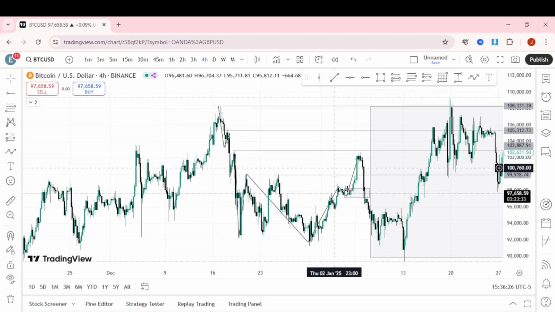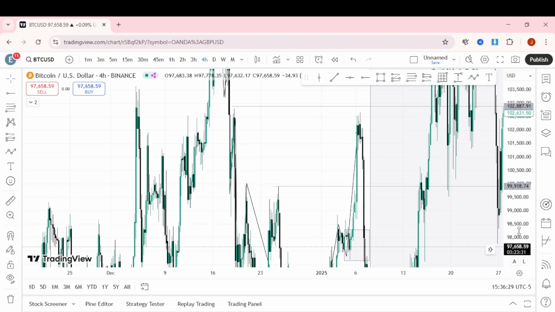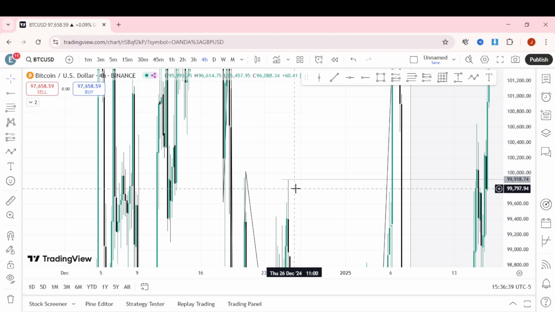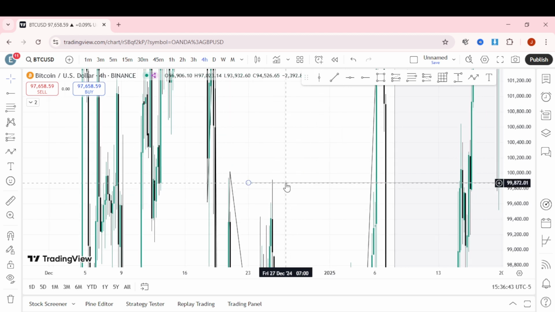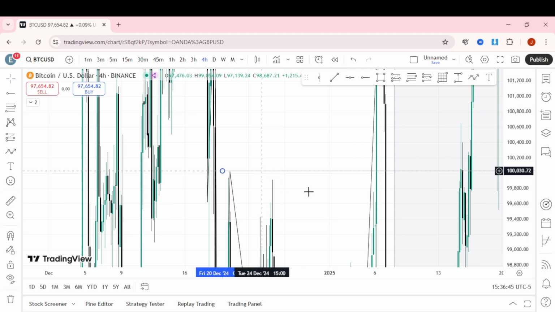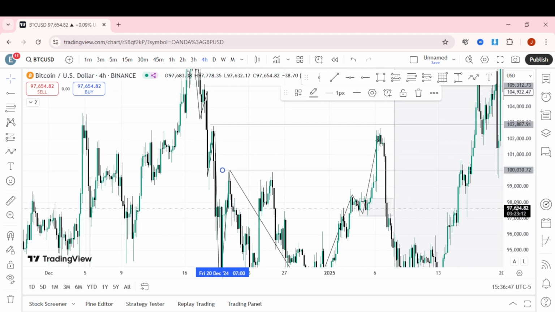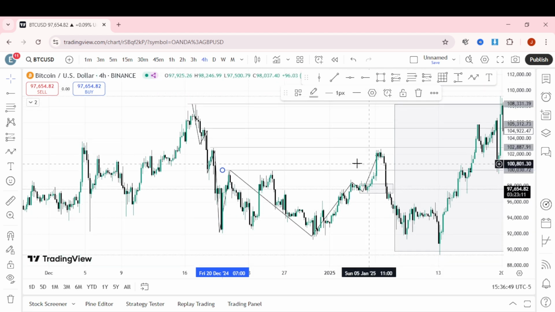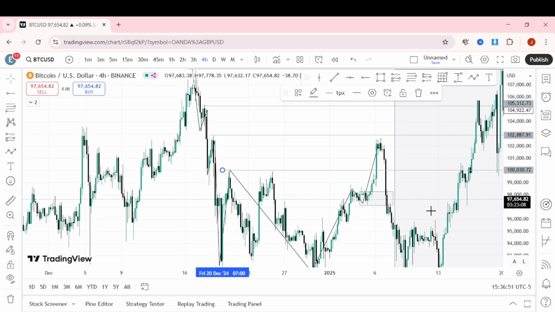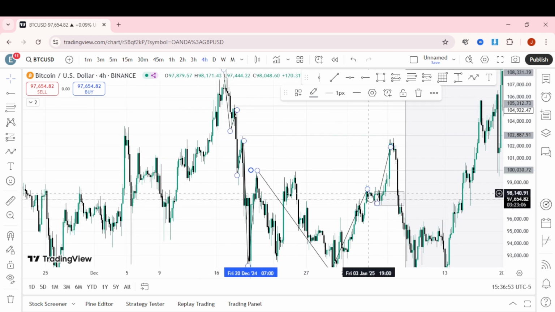Let's take a closer look. This isn't even a valid high. This is the actual high. So price broke this high.